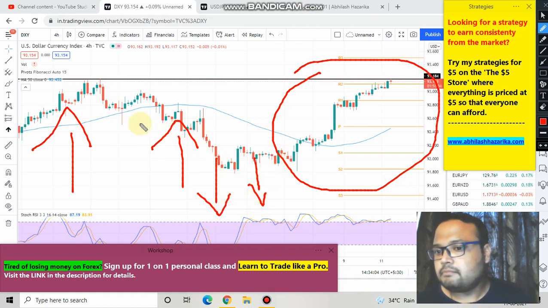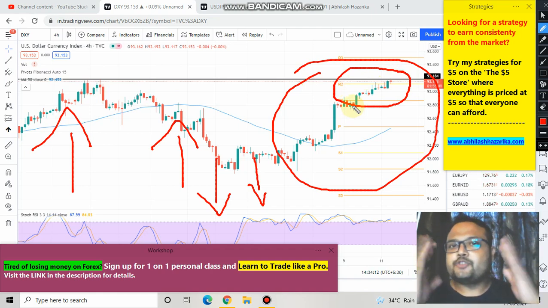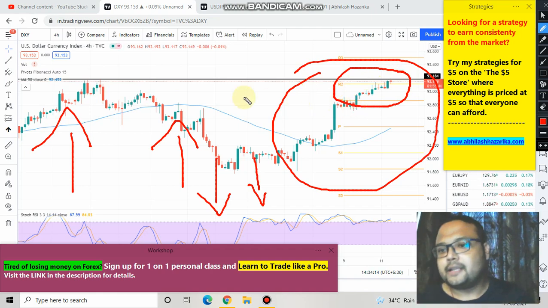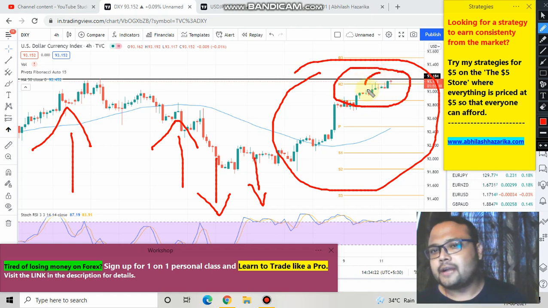And right now you can see that DXY is just standing at resistance. Undoubtedly, market is extremely bullish, no doubt, but right now we have a resistance, and we do not see that buying power here. Right now market is going flat or market is struggling.